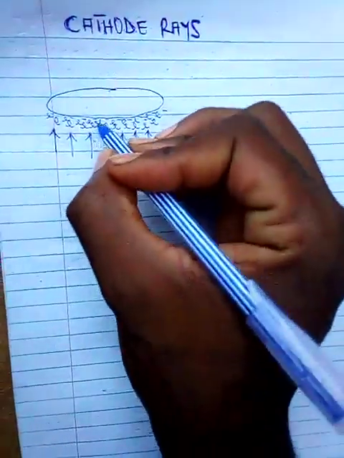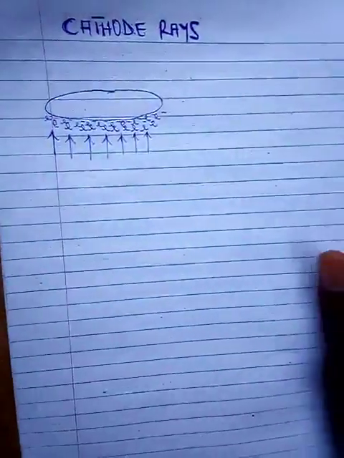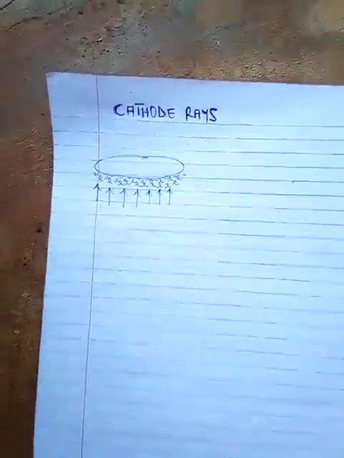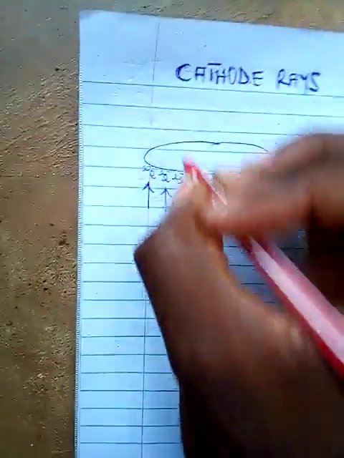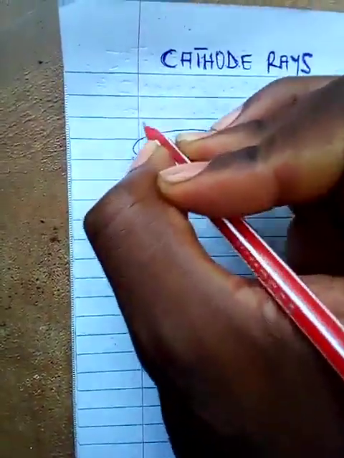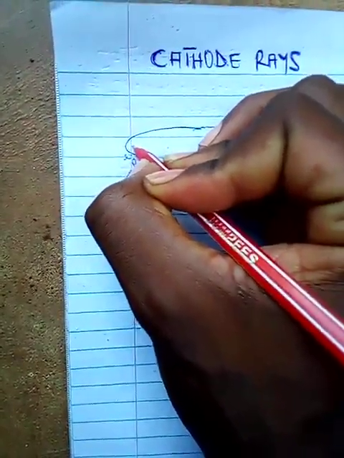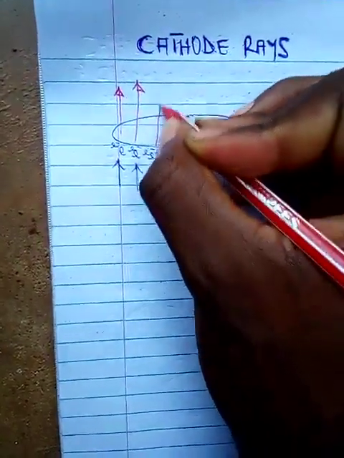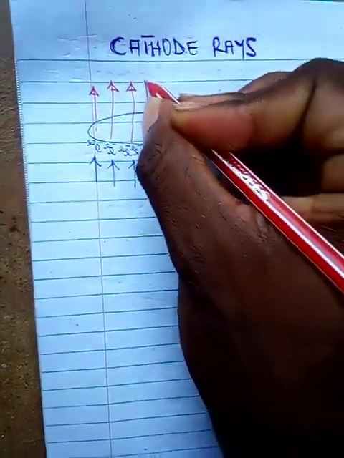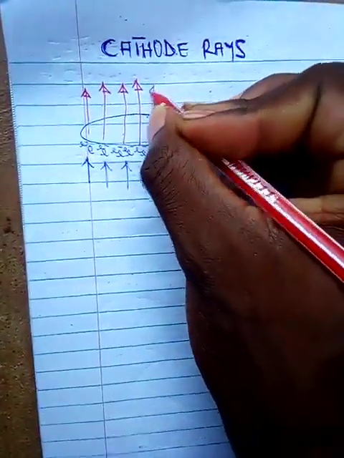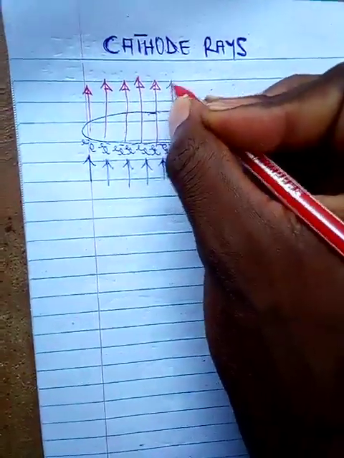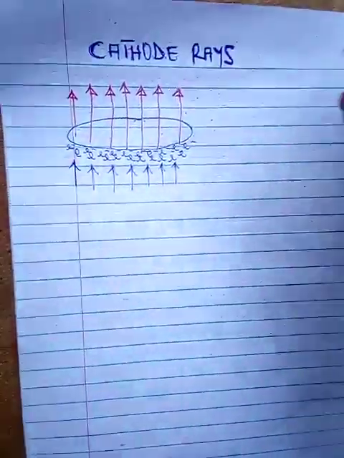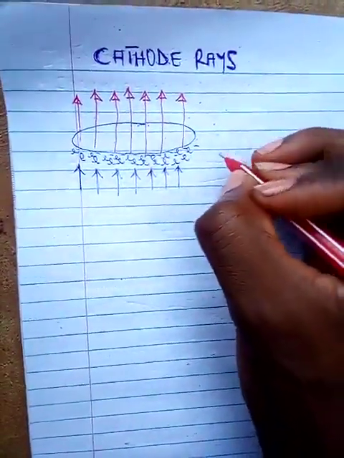Once these electrons gain a lot of kinetic energy, that is going to make them be released from that heated metallic surface. When they are heated, they will gain sufficient kinetic energy to be released from that heated metallic surface.